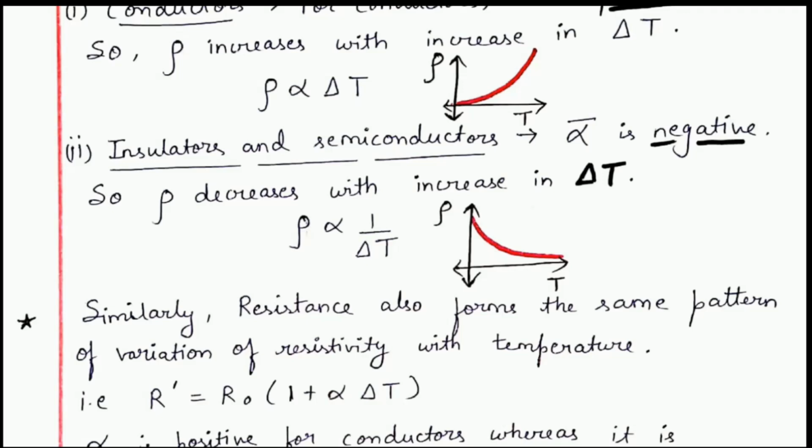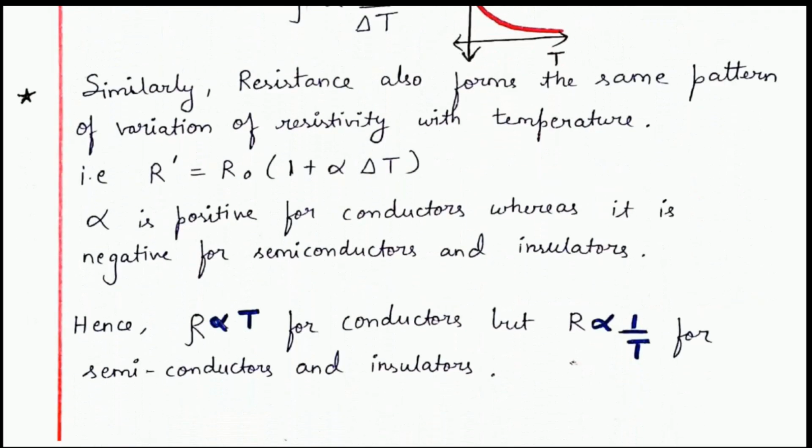Resistivity and resistance are closely related to each other. So if resistivity increases with temperature for conductors, resistance also follows the same pattern. Resistance has an equation nearly similar to that of resistivity: R dash is equal to R naught into 1 plus alpha delta T, and alpha is positive for conductors, but negative for insulators and semiconductors.